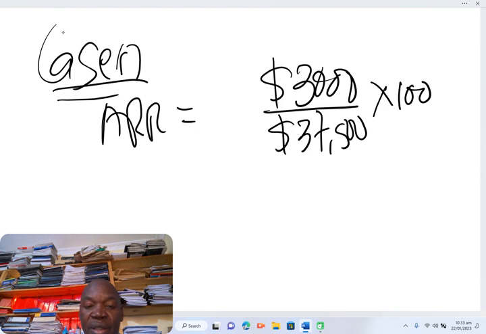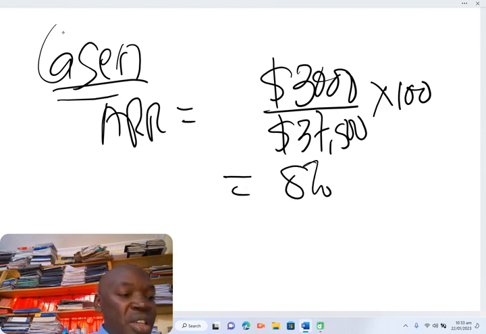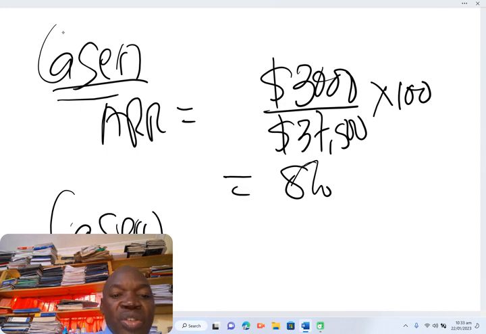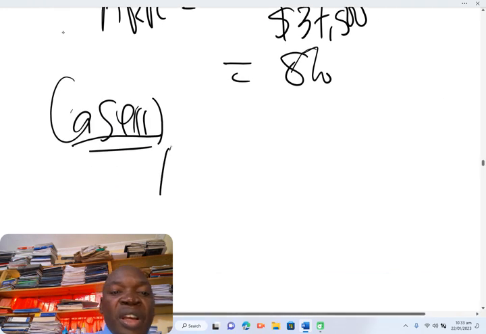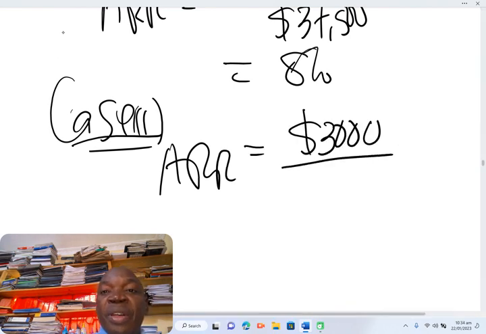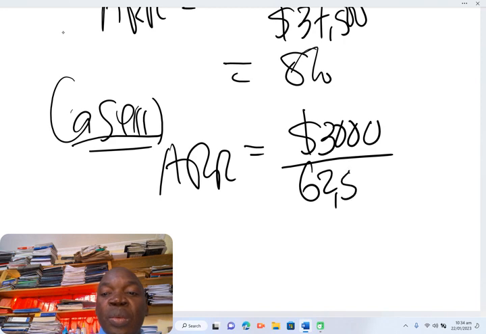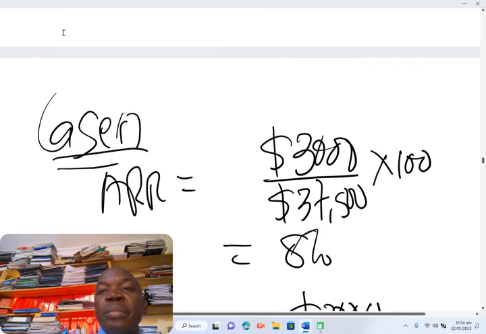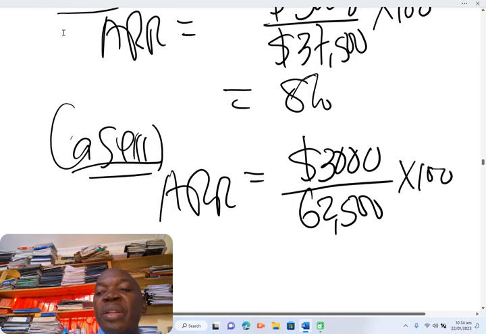Let's see, 3,000 divided by 37,500 is 8%. For case 2, then ARR is $3,000 divided by 62,500 times 100.